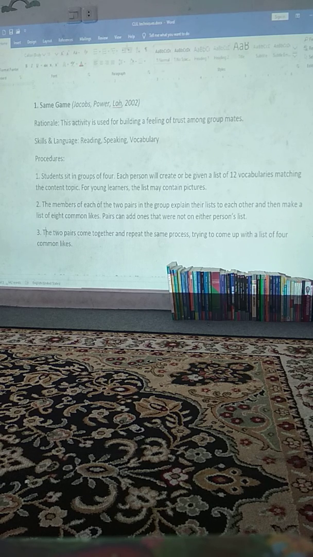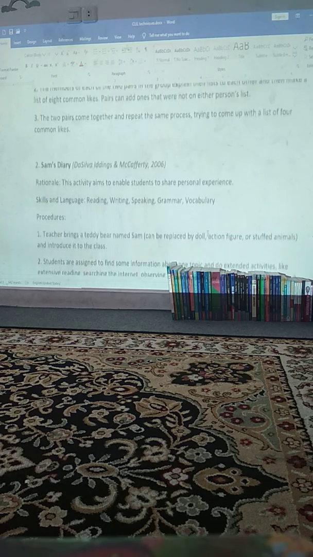Then the third step, the 2 pairs come together and repeat the same process. So once students get accustomed to doing this process, they can simply repeat the same process again and again, which is really easy to do. Okay, that's the first.